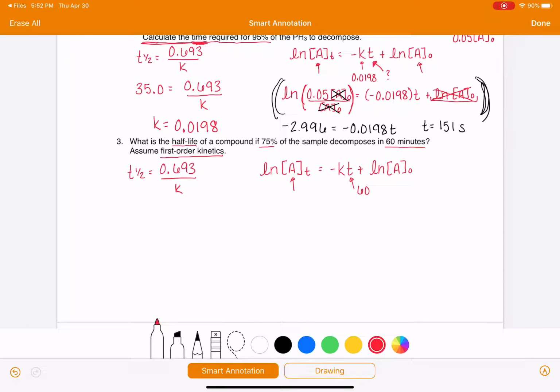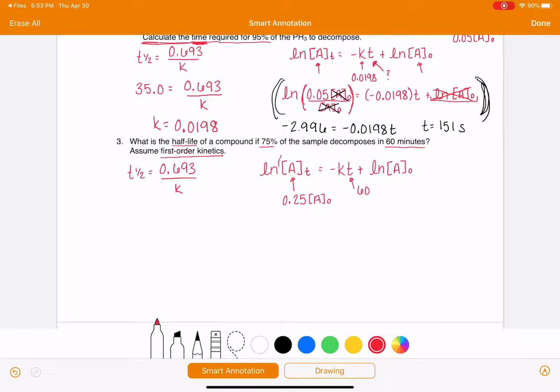So A at time t is 0.25 of the initial amount. 75% decomposes in 60 minutes. That means in 60 minutes, you only have 25% left of what you started with, or 0.25 of whatever you started with.